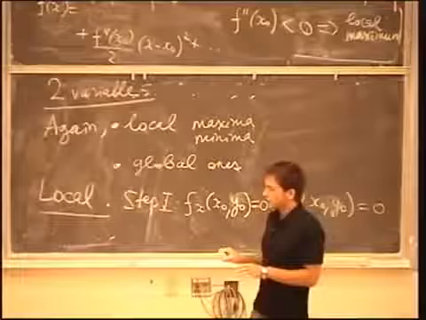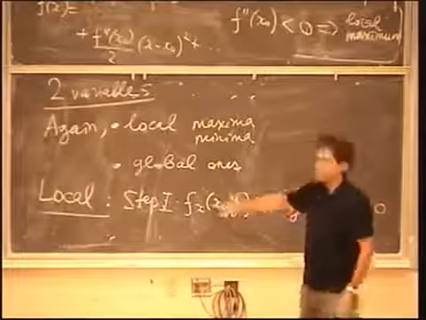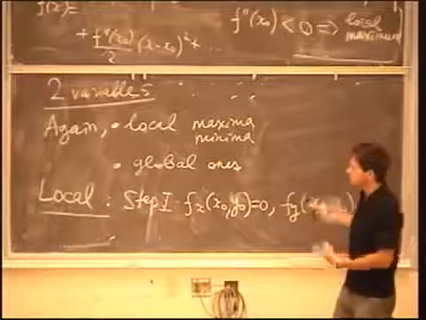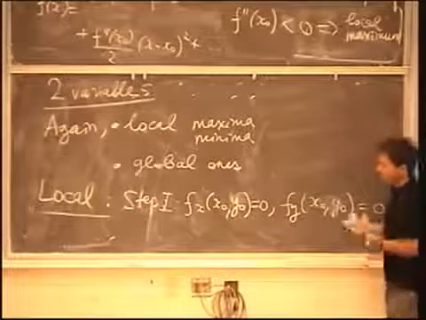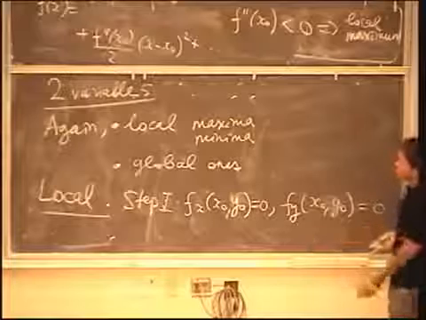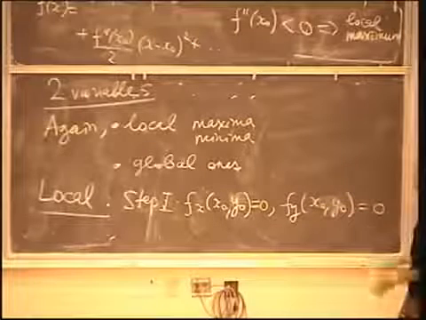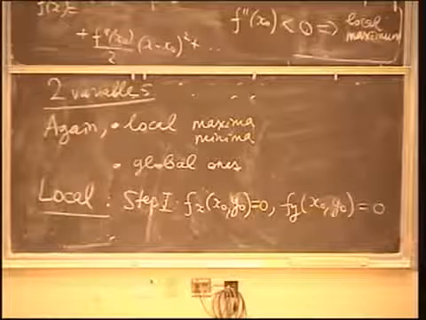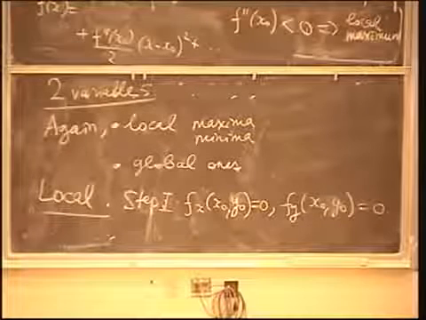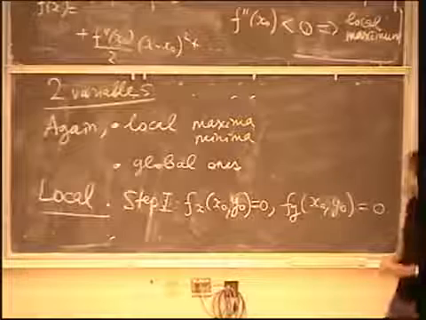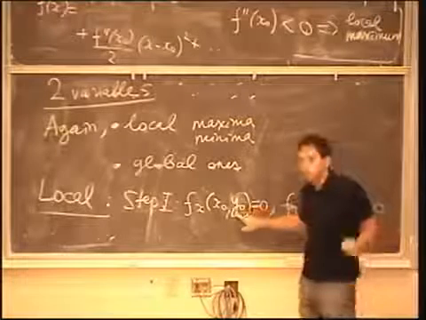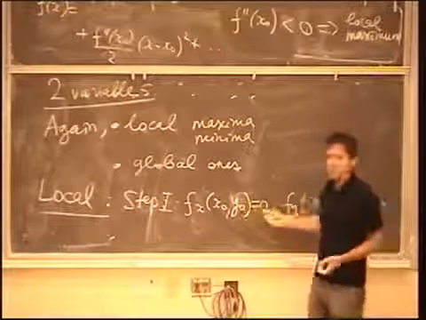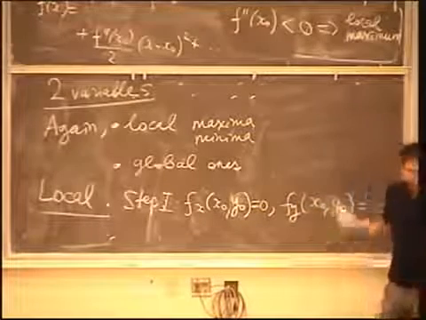Well, I'm assuming now that both of them exist. There is another possibility, which is that, say, one of them may not exist. And in that case, that's also a possible case for a local maximum or minimum. But let's assume in this discussion that the partial derivatives always exist, so we don't have to worry about this. If they do exist, then a given point (x0, y0) will be a local maximum or minimum only if both partial derivatives vanish.